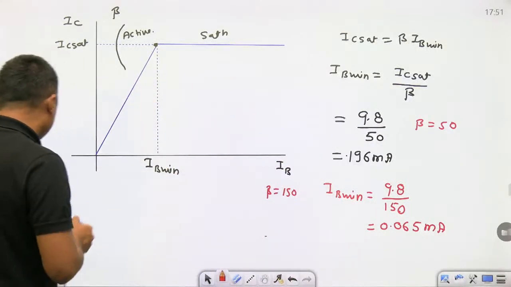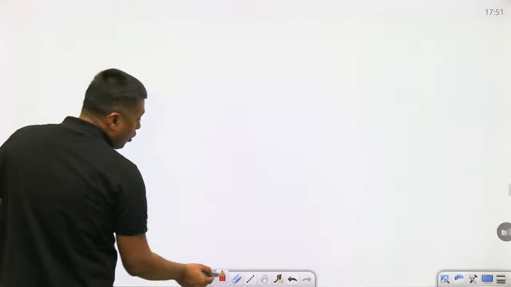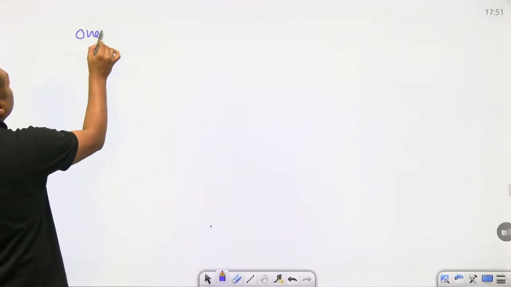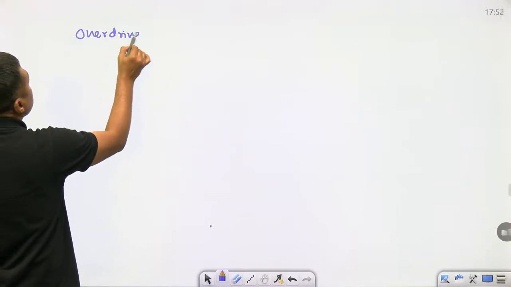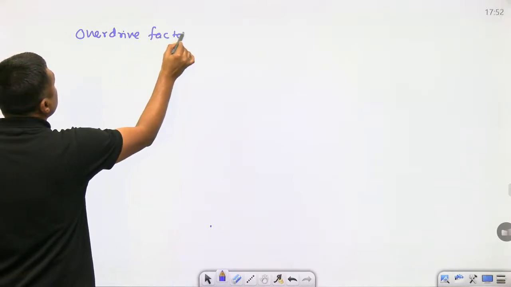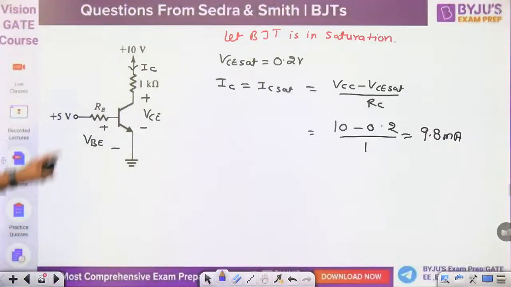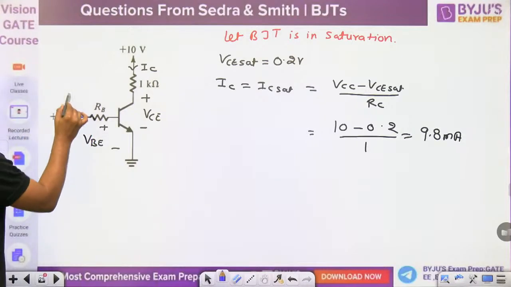Now what is the meaning of the overdrive factor, guys? Overdrive factor means the current in this diagram, what is the actual current IB?